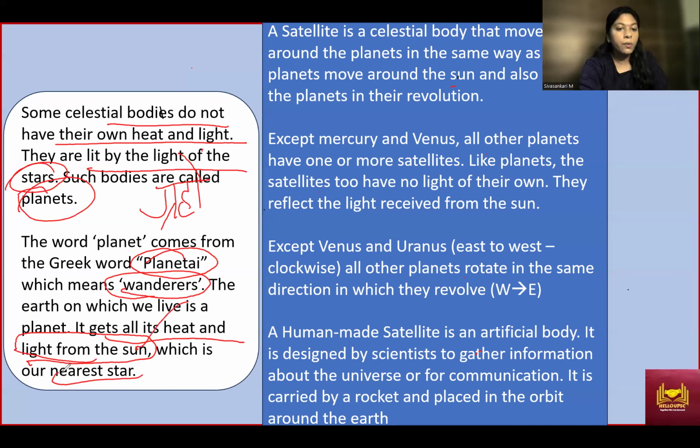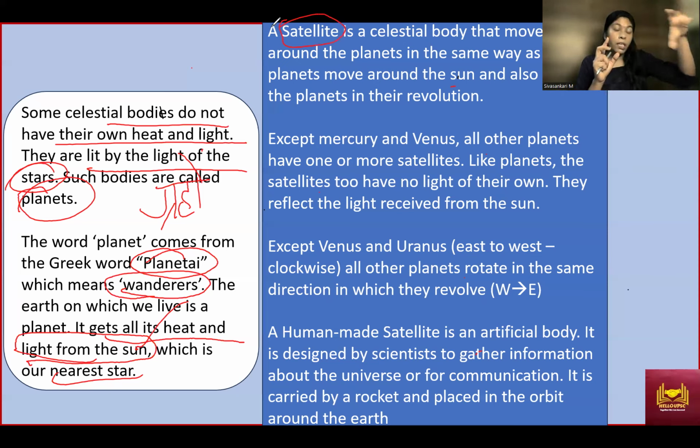That's it, which is our nearest star. Okay, so then what point you have to note? Come to the next thing. A satellite is a celestial body. Again, a new word. Here comes a word called satellite. So far we have seen what is a galaxy, what is a star, and what are called planets. Okay, and what are called galaxies, universe, galaxies.